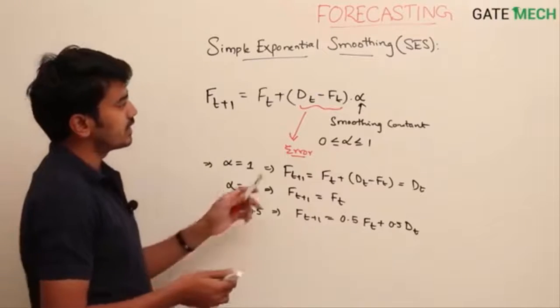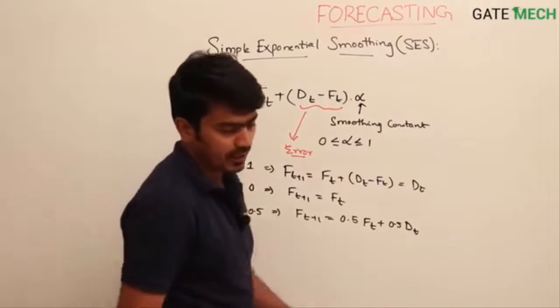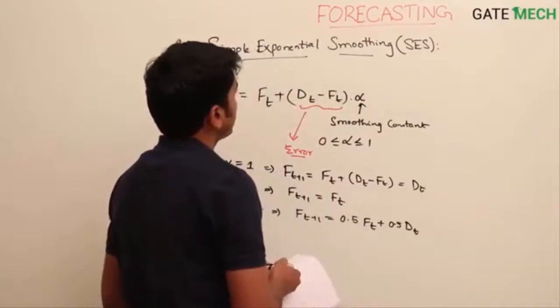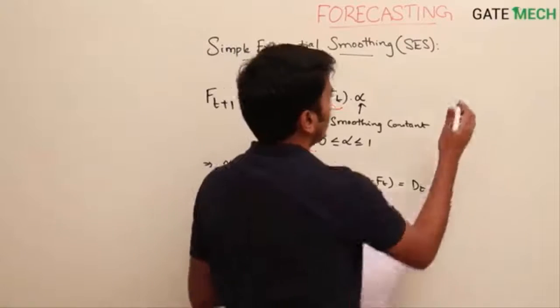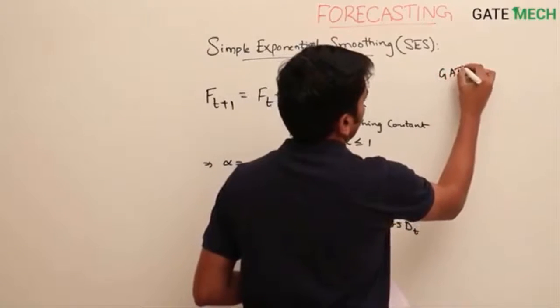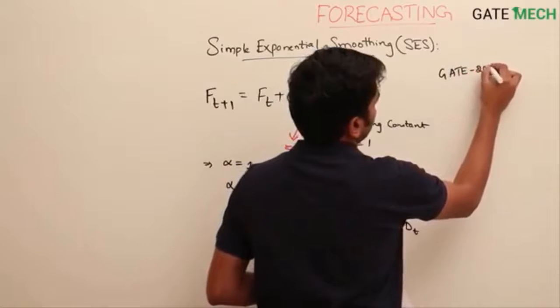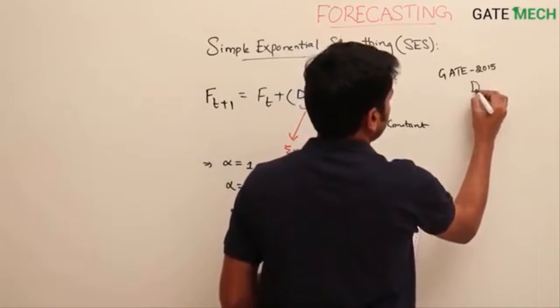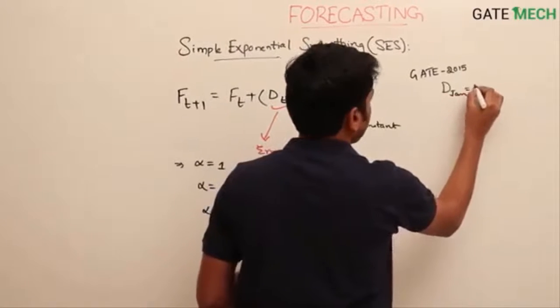Let us take an example to see how it calculates. We have a question using this method from GATE 2015. The demand for January is given as 500.